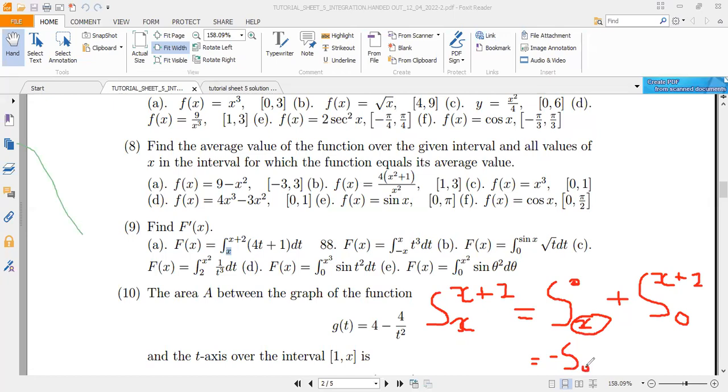The moment you introduce a negative, the 0 comes down, then the x goes up, plus the same thing, which is 0 to x plus 1 there. Is it okay now? So this part is equal to this part down here. Is it okay?